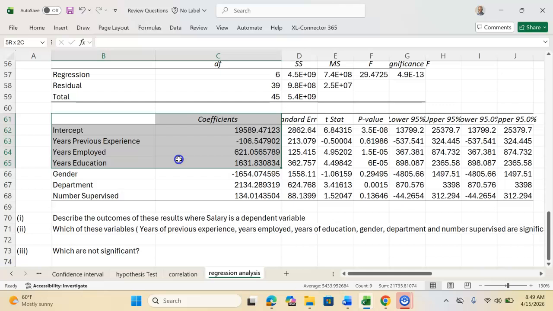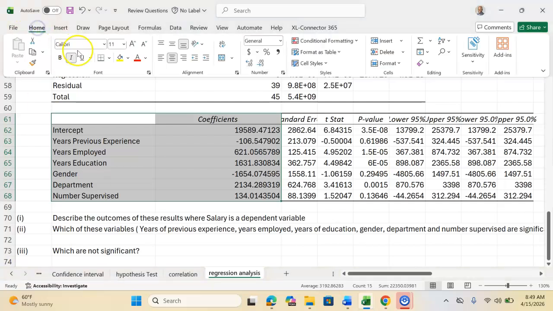So remember always that our coefficients will address the y-intercept and then the slope of each particular variable. In this case, we have 1, 2, 3, 4, 5, 6. We have 6 variables.